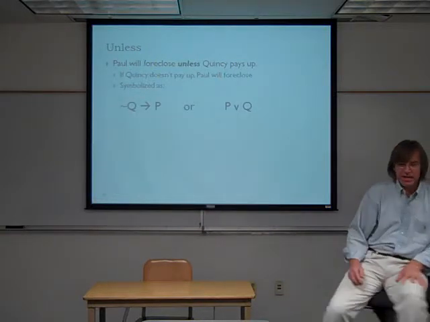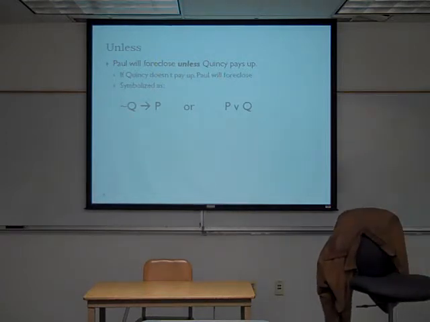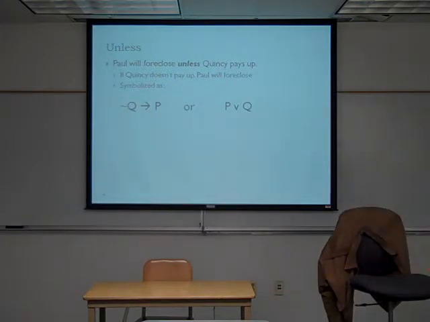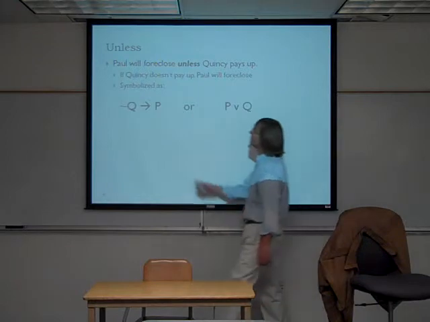How about the term unless? Paul will foreclose unless Quincy pays up. What's the logic of this term unless? Well, this sentence, Paul will foreclose unless Quincy pays up, leads to this conditional. If Quincy doesn't pay up, Paul will foreclose. And this can be symbolized as follows.